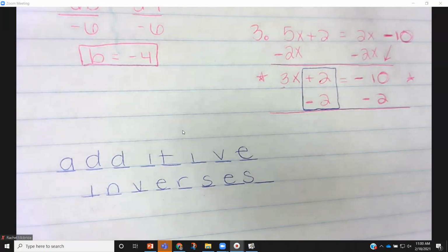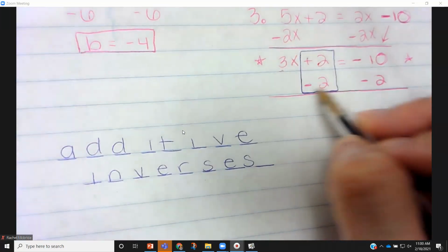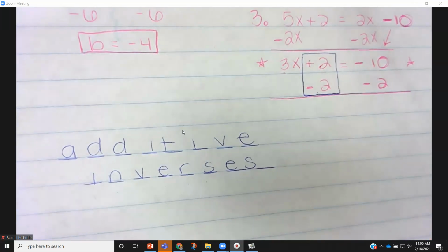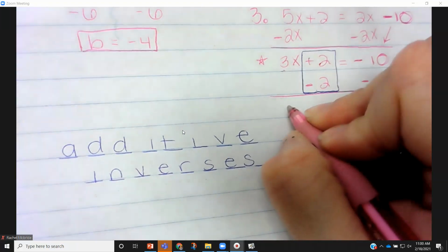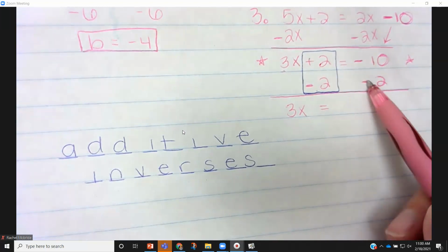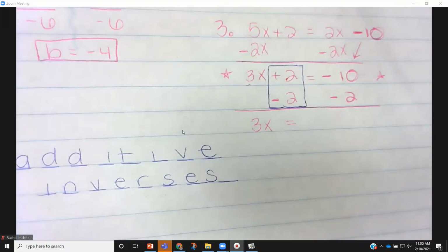They're additive inverses of each other. So when you add two opposites together, they become 0. So you get 3x equals, if you add two negatives together, what do you get? A bigger negative, right?